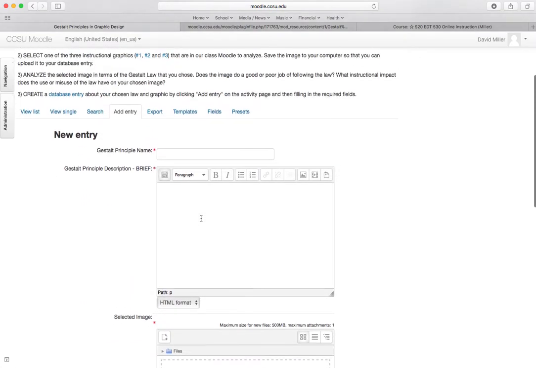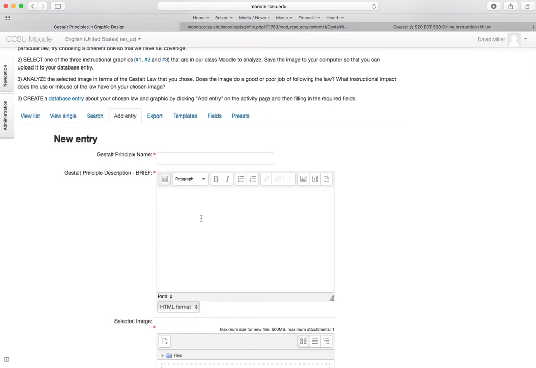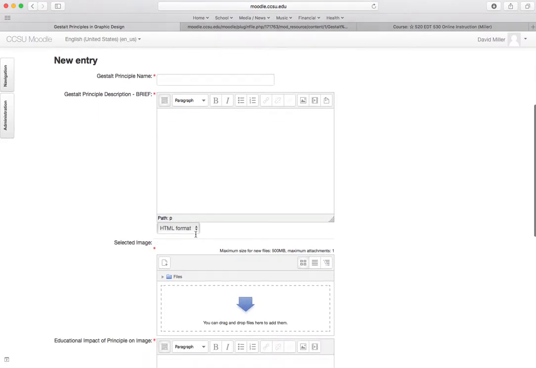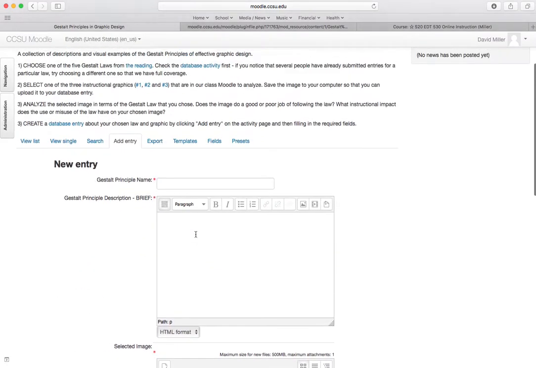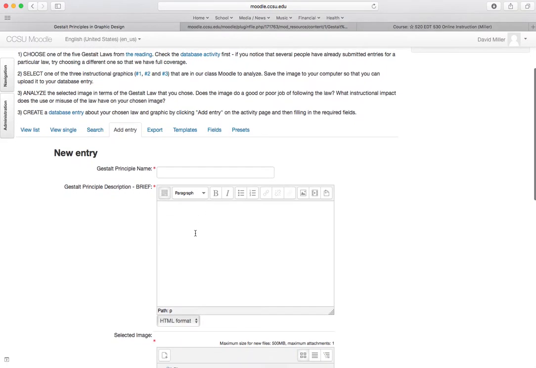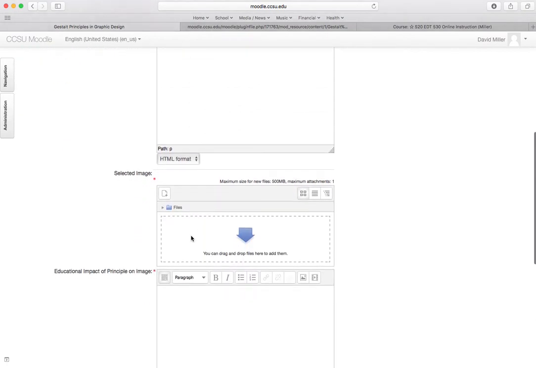This database activity, the difference between it and the glossary is that a glossary basically is just a single entry. You have a title, you have some text, and you can format some things into that text, but that's really it. This is a database, so you as the instructor can decide what types of fields, what types of information you want your users to enter.